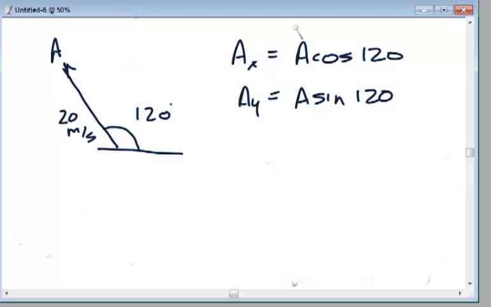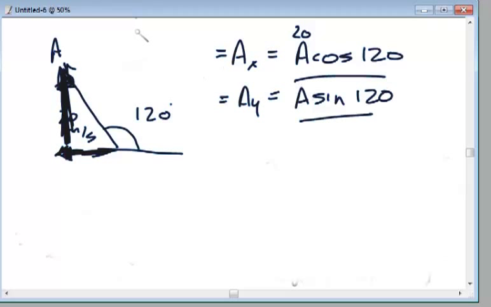And A is 20, so we can put that in there. And if you use the 120, that will work out just fine. You should get some negative value for the AX. Looks like it's going to be about negative 10 or so, just by putting in 20 cos 120. And AY should be a positive value because that's pointing upward. And so that should give you your answer on question number 9.